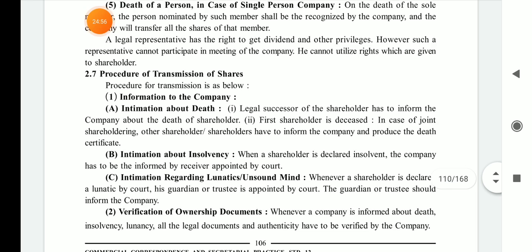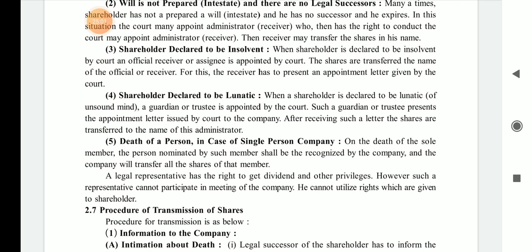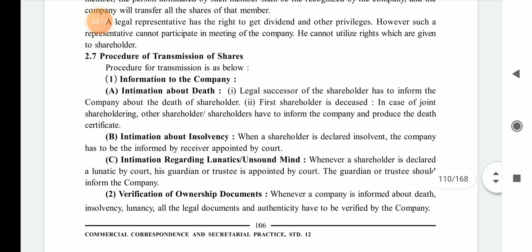Now the procedure is mentioned over here, but it is necessary that before that you have to compulsorily see the whole transactions of a particular topic, which are very important. See, in the procedure we have to compulsorily see very perfectly.